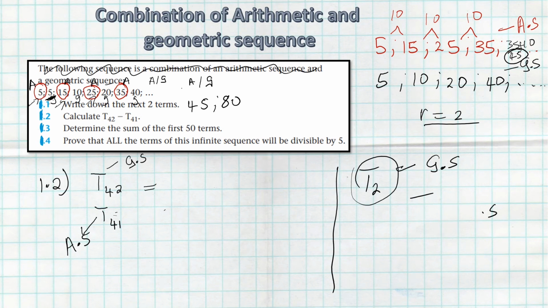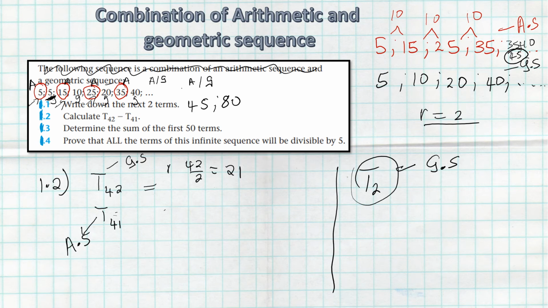So how do we do it? It's a simple method. If they've combined two sequences and they say determine term what, to know which position it is found on, you divide by 2. So 42 divided by 2 gives me 21. So term number 42 on the whole sequence is in position 42, but on the geometric sequence it's in position 21.